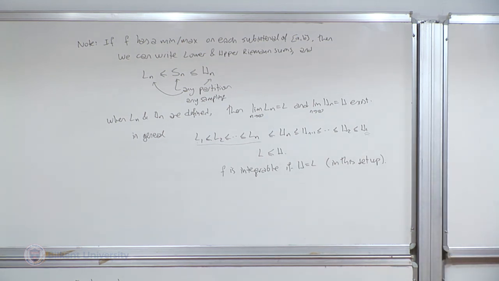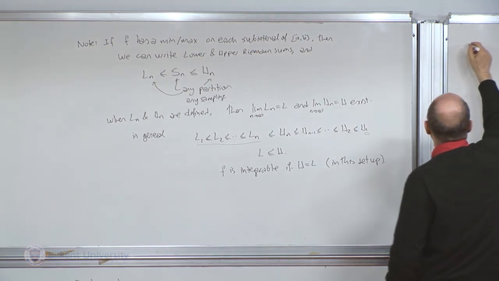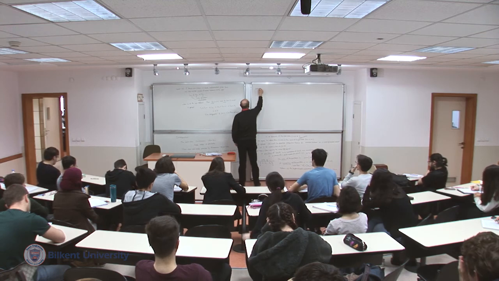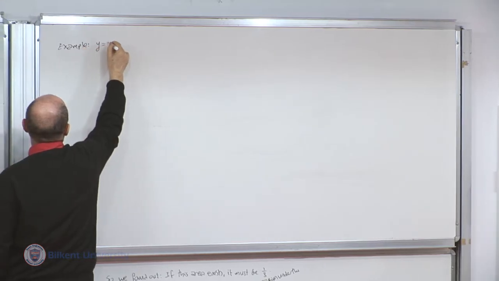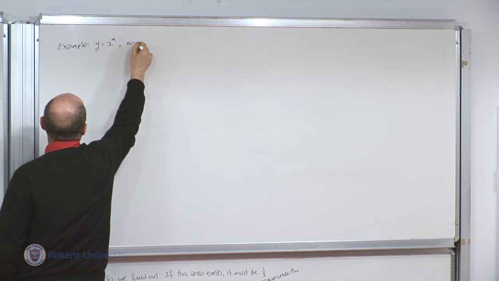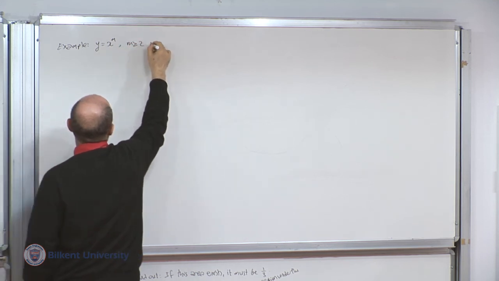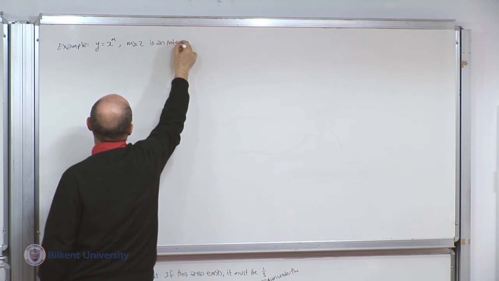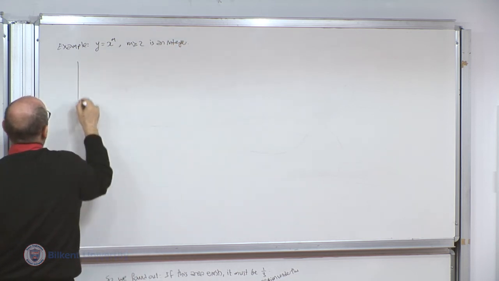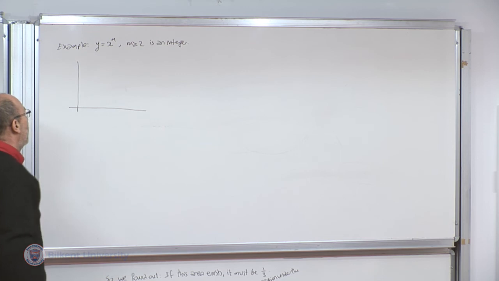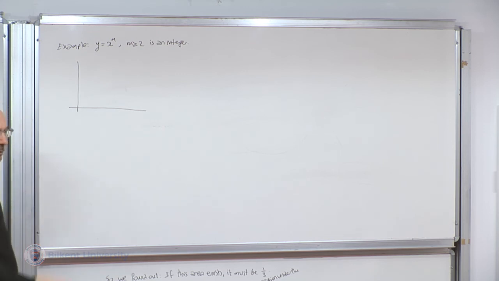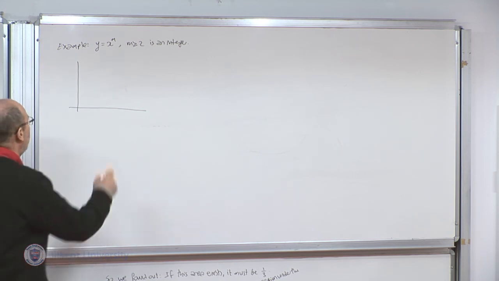Let us do an example: y equals x to the m, where m greater than or equal to 2 is an integer. I'll just do the upper Riemann sum because our experience with x squared tells us that the lower Riemann sum will be the same thing except one term is missing, but when you take the limit, nothing changes.